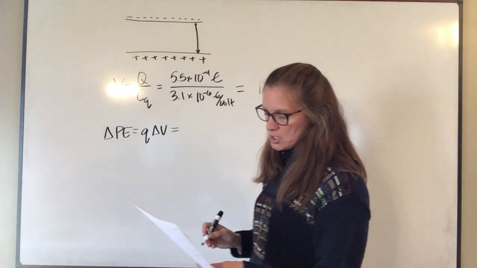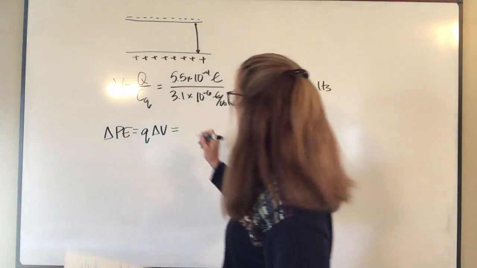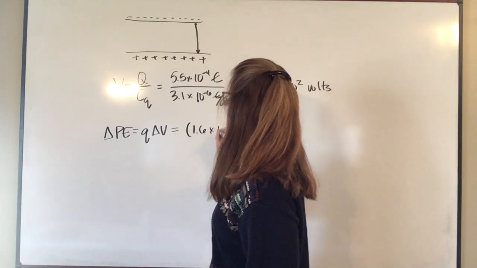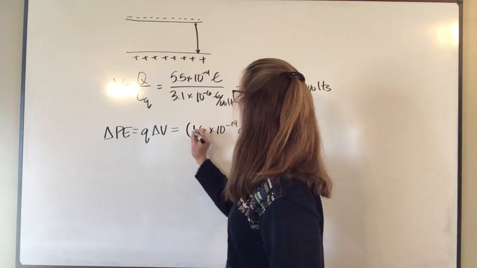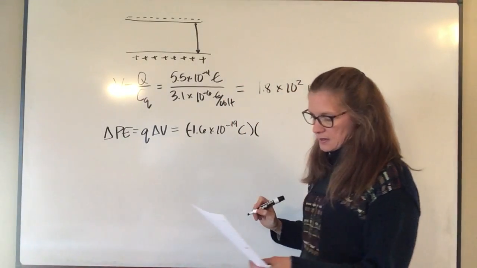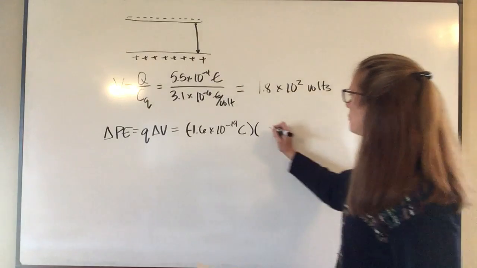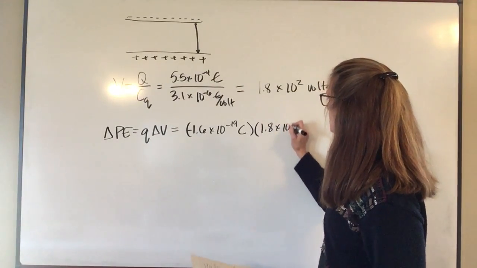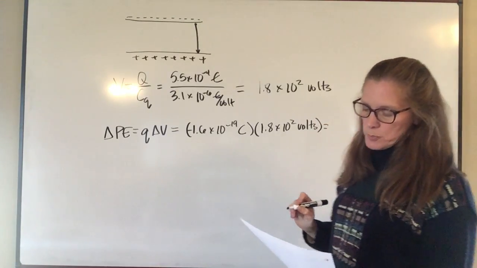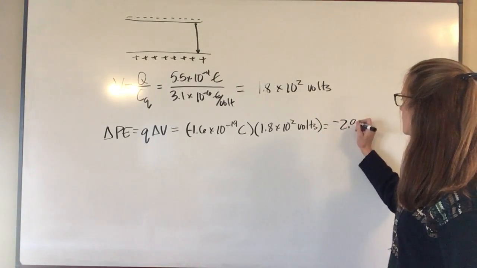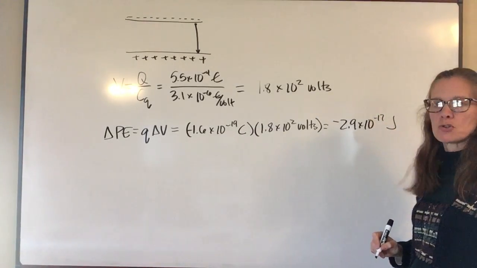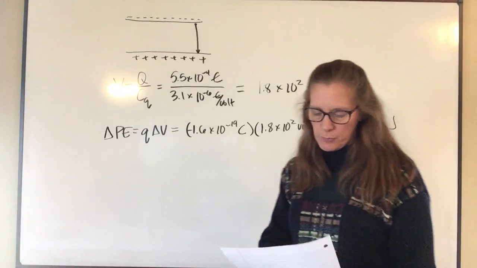So potential energy is going to be equal to the charge on the electron, which is 1.6 times 10 to the minus 19th coulombs, and it is negative because it is an electron. And then I calculated this V from up here, 1.8 times 10 to the second volts. And when I crunch those numbers, it will give me negative 2.9 times 10 to the minus 17th joules. Okay, potential energy in joules, just like it was before.